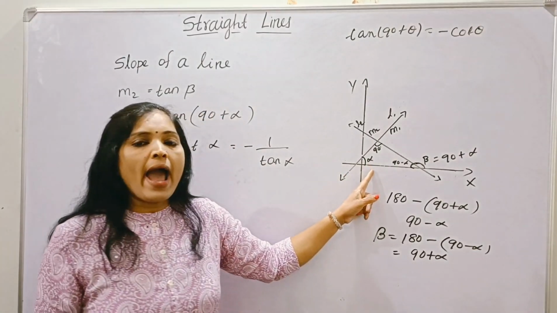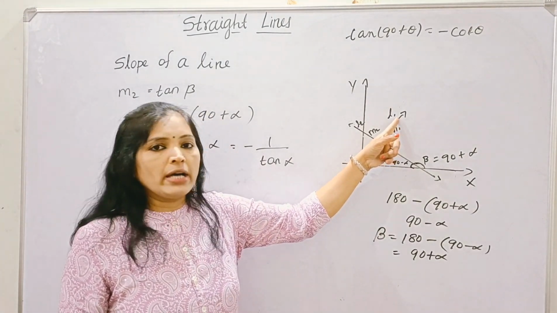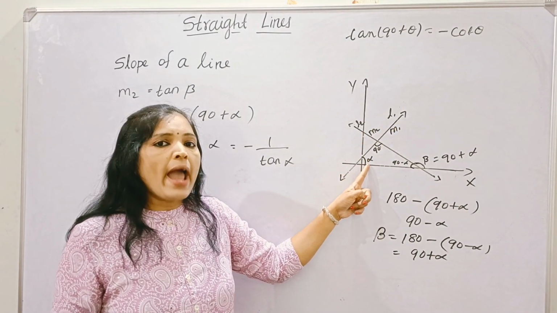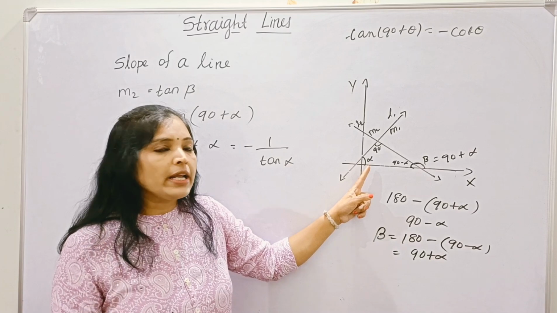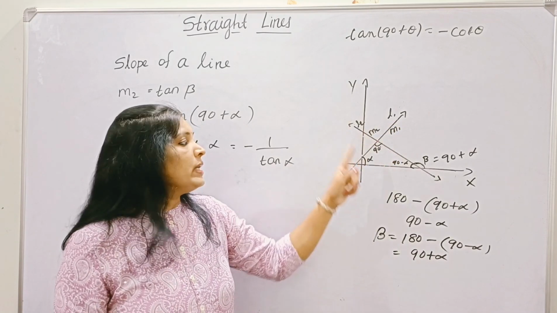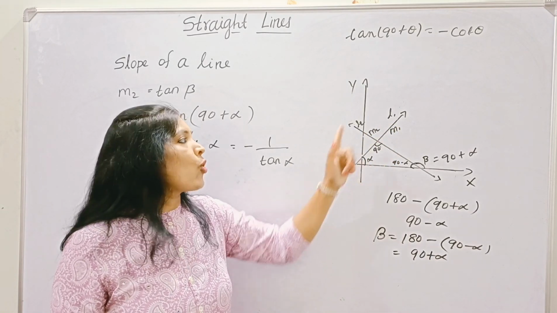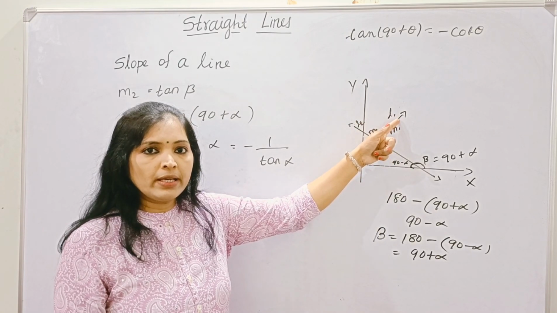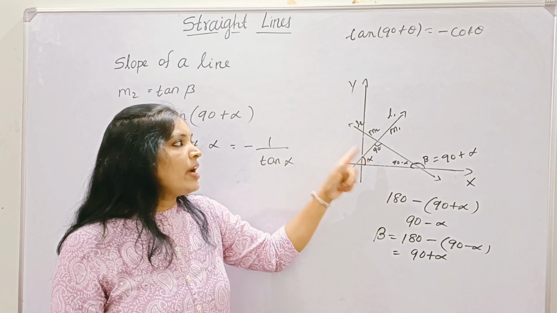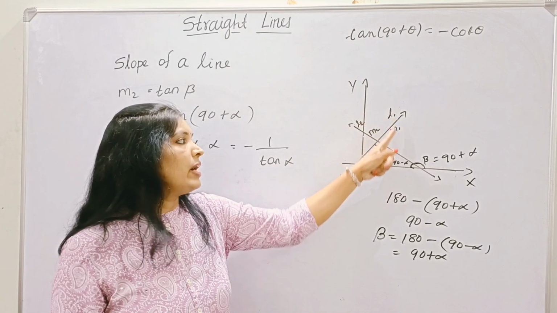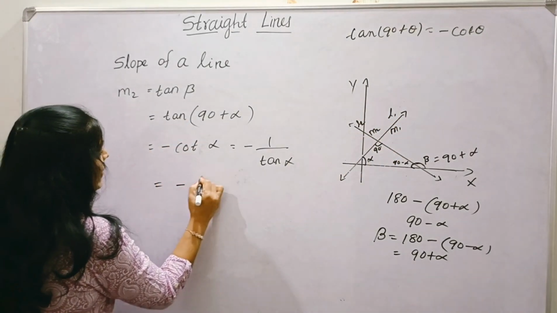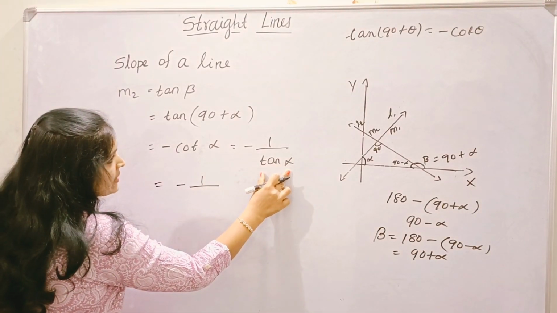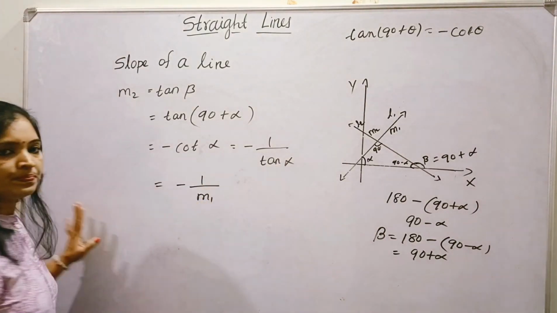Alpha is the inclination of the line L1, therefore tan alpha is the slope of the line L1, that is m1. So minus 1 by tan alpha is nothing but minus 1 by m1.